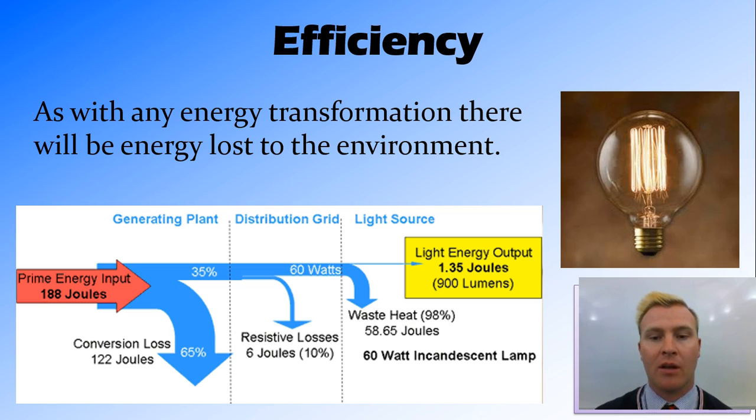So to get 1.35 joules of power out of the actual light, it takes 188 joules at the power station. So converting from coal into electricity is a very poor or very inefficient thing to start with.